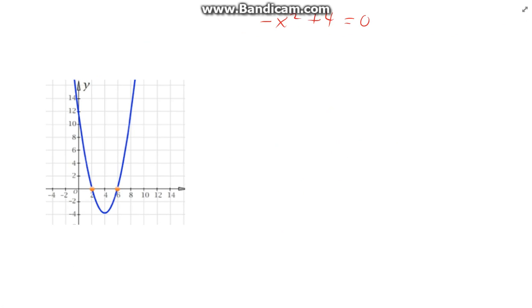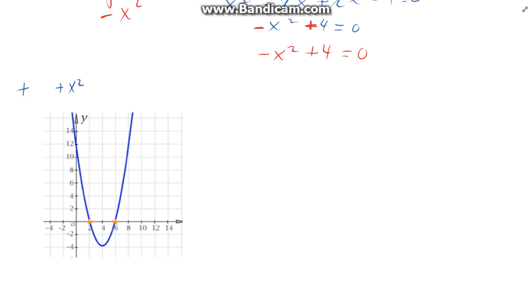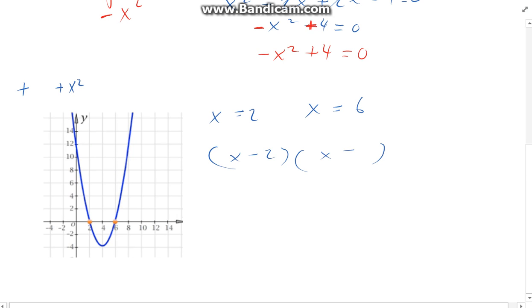Okay, so we look at this graph down here. So our roots of this graph, we know it's a positive graph, so this time it's okay, the x squared will be positive. So we won't have to change it. So the roots of this graph are x equals 2 and x equals 6. So we make our roots factors. So we'd have x minus 2, x minus 6.